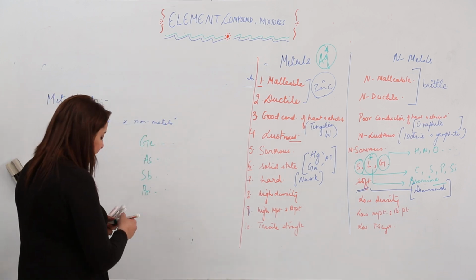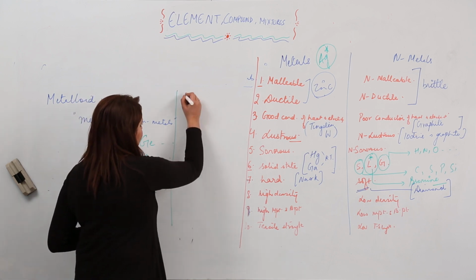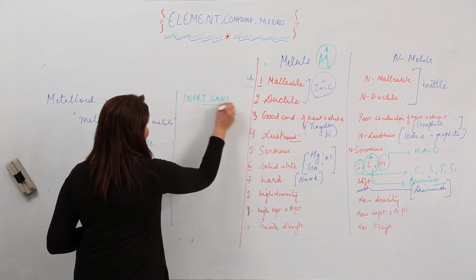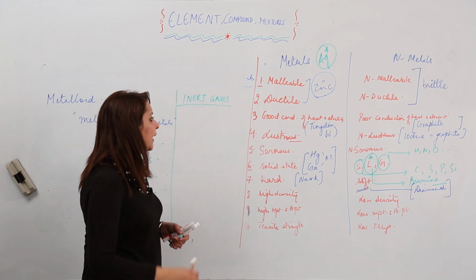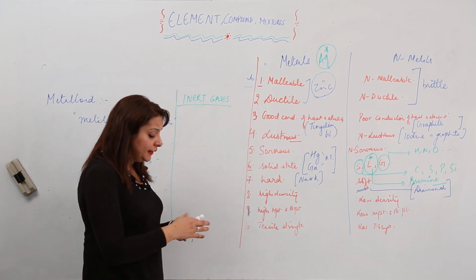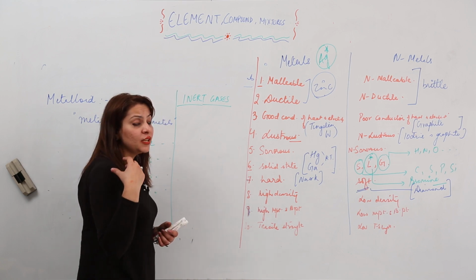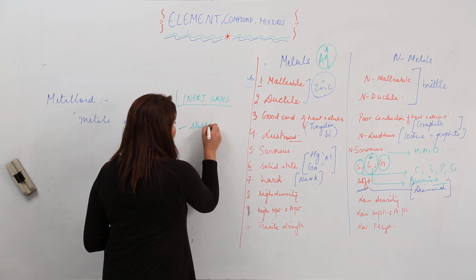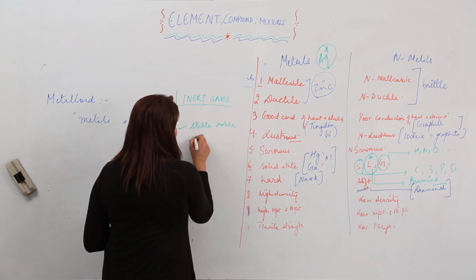The fourth subgroup we are left with is the inert gases. You must be knowing this because we did in atomic structure what the inert gases are. Inert gases show a special property, that is they have a stable noble gas configuration.